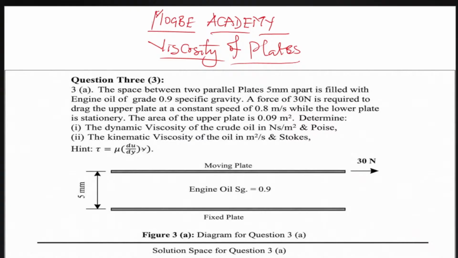You convert this to 5 times 10 raised to the power of minus 3 meter. So this is in meter. Now the next thing you are to consider is your moving plate and your fixed plate. Your moving plate is having a velocity of what?